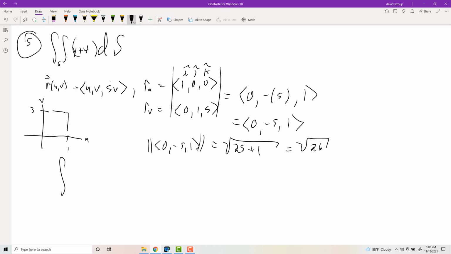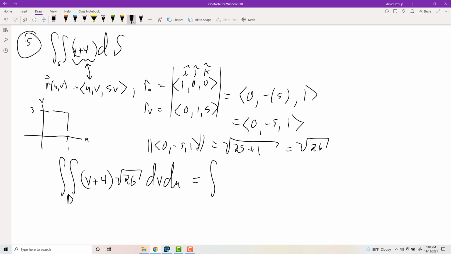Stuff it all into my integral now. So I'm integrating over this region D. I'm going to rewrite this y + 4 using our new parameterization. y is v, so I have v + 4, and then times the square root of 26 times dv and then du, right?